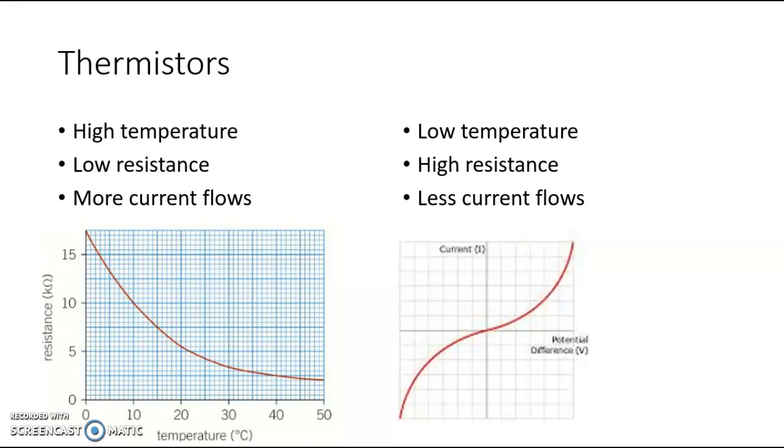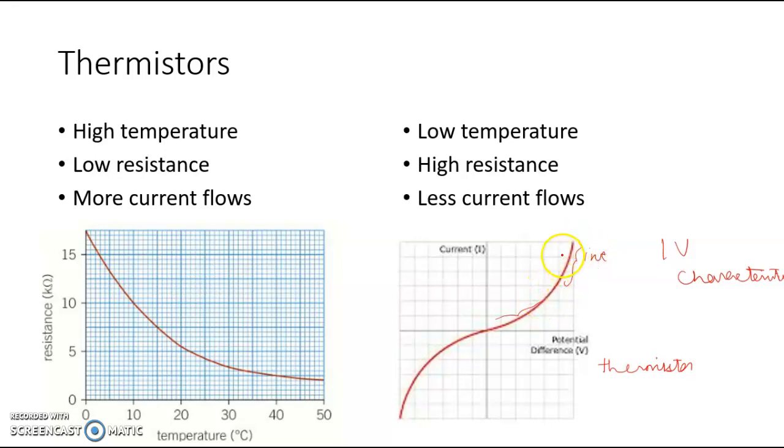When you also look at the IV characteristic, in most of your textbooks you will see the IV characteristics given for a filament bulb, for a diode, and for a resistor. You won't see quite often the IV characteristic given for a thermistor, but you would need to know this. So you've got the current and voltage graph. You can see how it's behaving initially, but as you increase the temperature, the current flow has increased a lot.